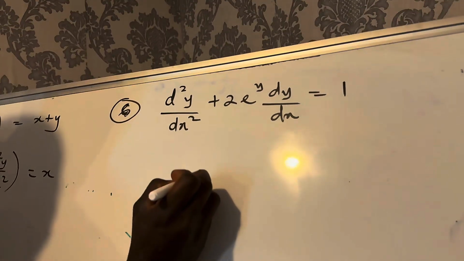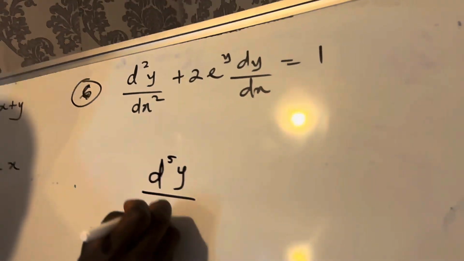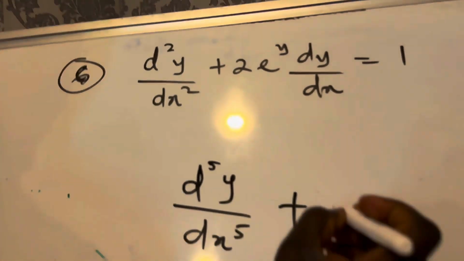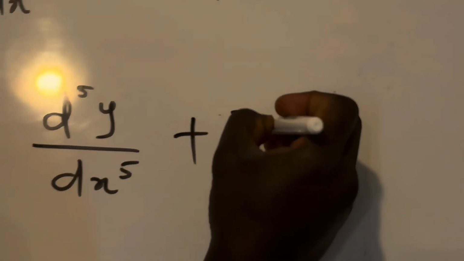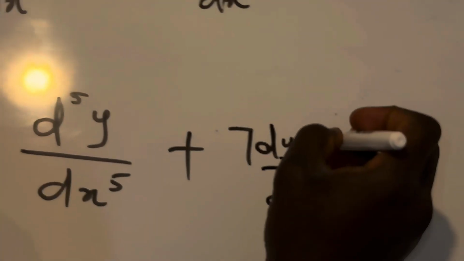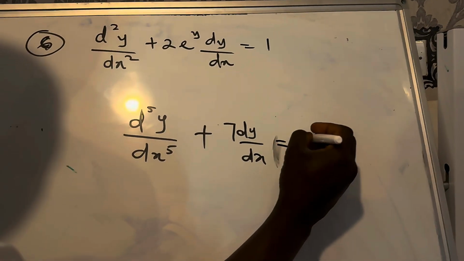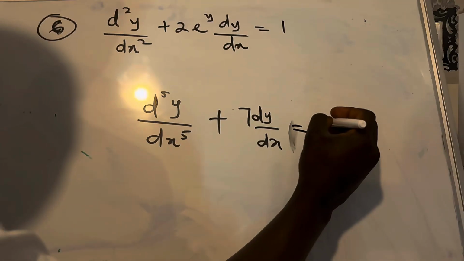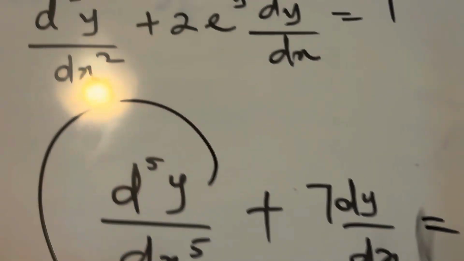So let me give you another example. In a situation whereby we have something of this form, d to the 5 y over dx to the 5 plus maybe 7 dy/dx equals x squared, for instance.